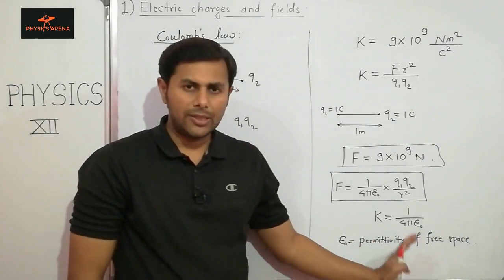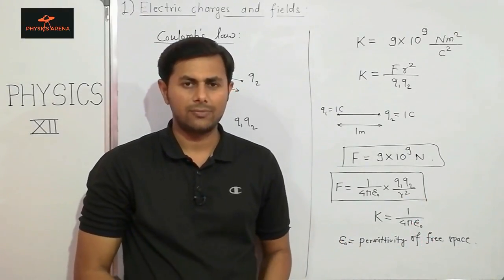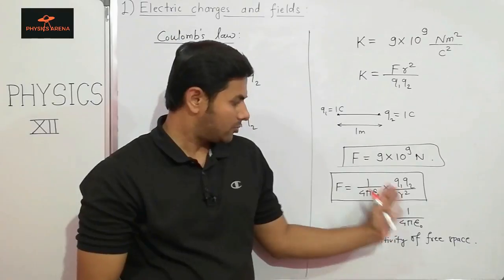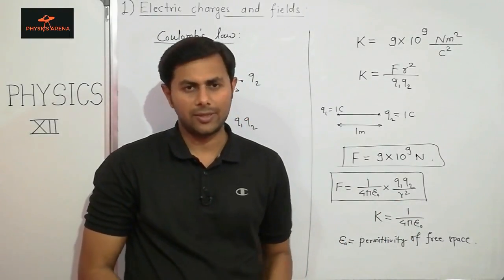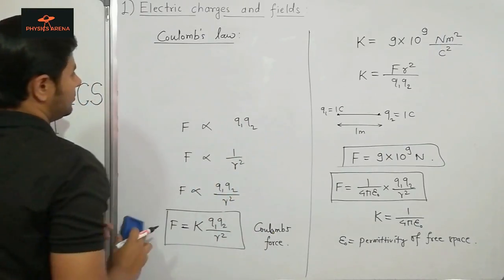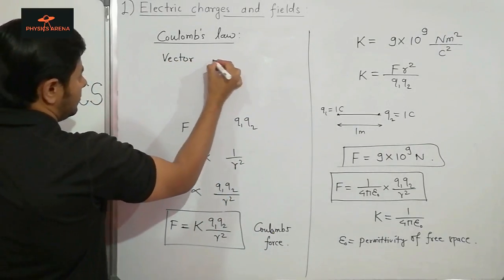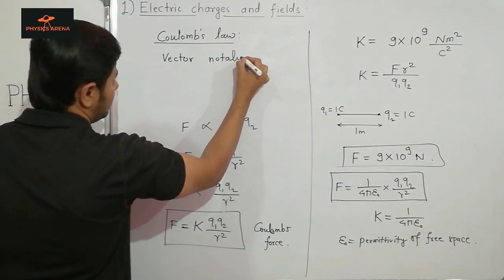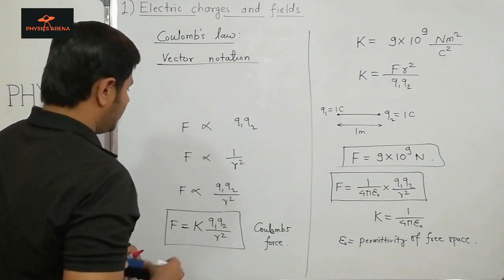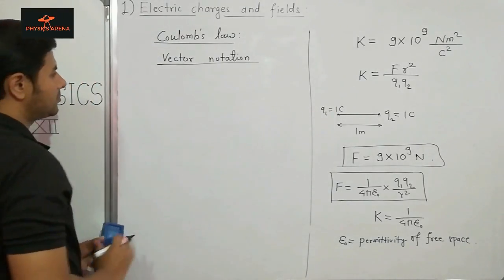Okay, but this is only the magnitude of force, and force is a vector quantity. So how do we write this Coulomb's force vectorially? Let's see that. Vector notation or vector form.